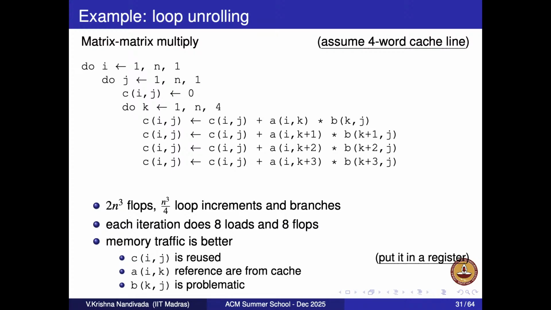No, 8: 1, 2, 3, 4, 5, 6, 7, 8. Of these 4 are coming mostly from cache. The first one will be maybe a cache miss. The others are not. So the cache traffic is better for AIK. Yeah? Fine?